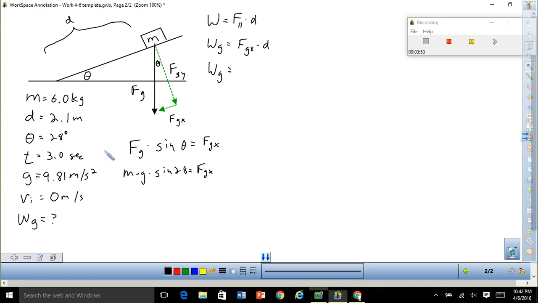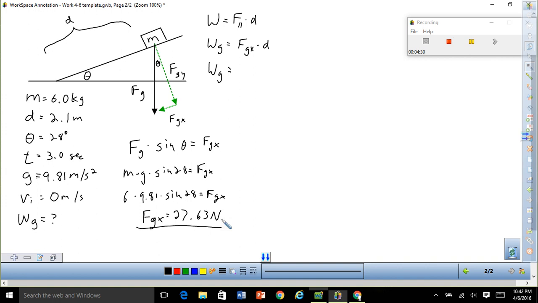You substitute in values of 6 kilograms and 9.81 meters per second squared, times sine 28, and then you'll find that FGX is equal to 27.63 newtons.